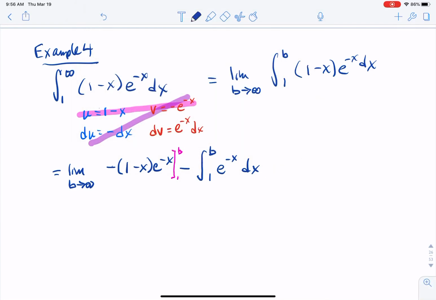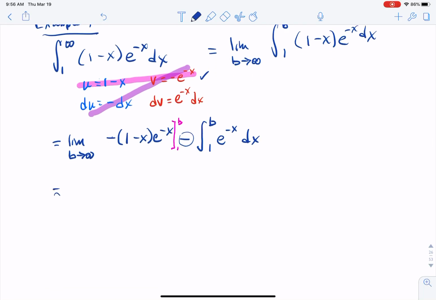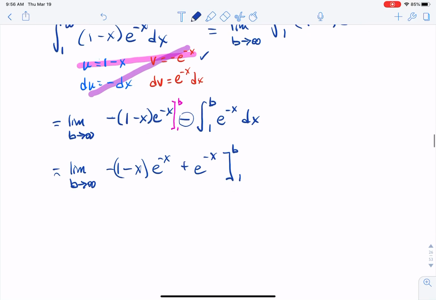It's the same exact thing that we did right there. Its antiderivative is negative e to the negative x, and that's going to cancel out with this negative that we already have to give us a final antiderivative of negative (1 minus x) e to the negative x plus e to the negative x, and then we're going to evaluate that from 1 to b. All right, we've successfully found our antiderivative. Now let's go ahead and plug in our b's, plug in our 1's, and then take the limit of this thing.